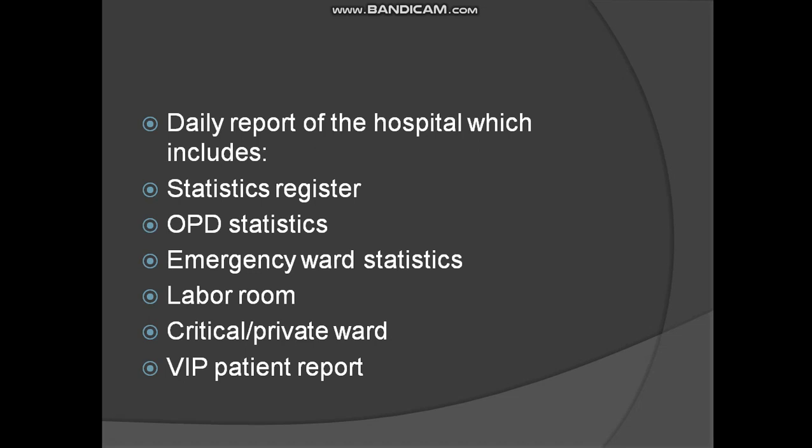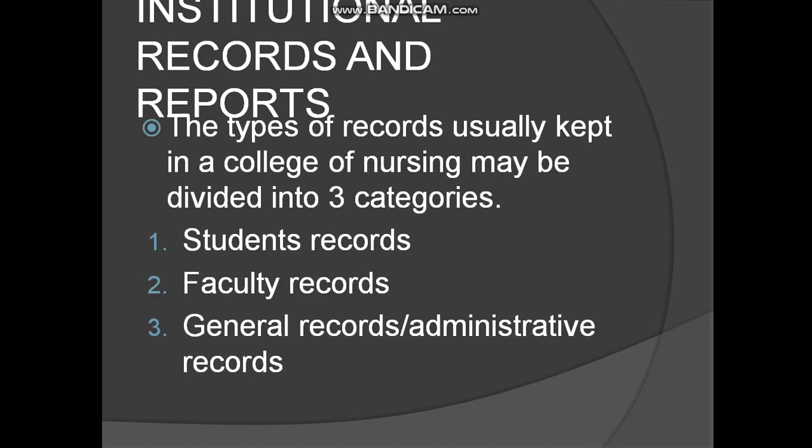Then critical or private ward, number of patients in the critical or private ward. Then VIP patient report, number of VIP patients who came in the hospital, written in the VIP patient report book. These are the daily reports of the hospital.